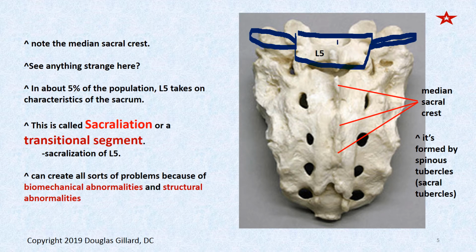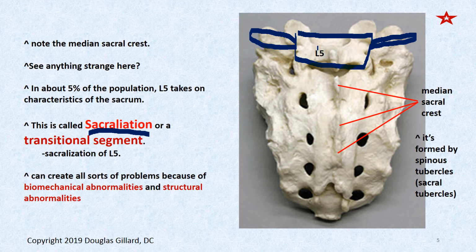So this is called a transitional segment. Specifically, it's called sacralization of the L5 vertebrae. And it's seen in about 7% of the population or so, 5 to 7, depending what research you read. In your practice, you'll probably see maybe 10-15% of your patients will have this. Why?